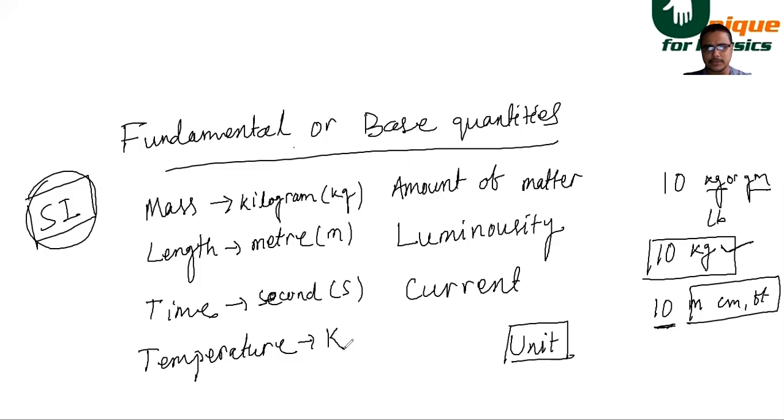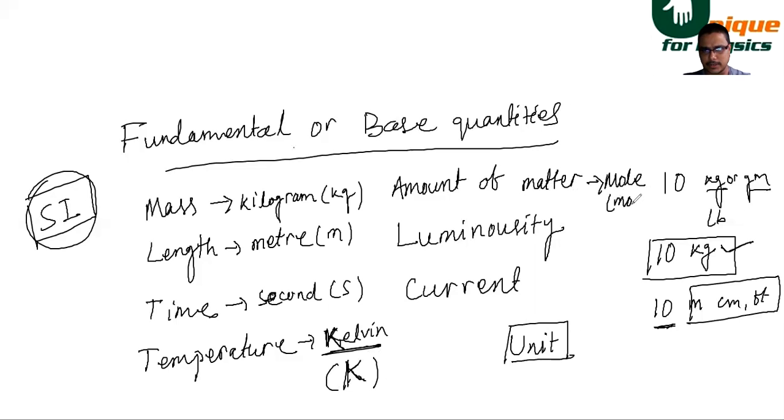There are other units as well, like degree Celsius, Fahrenheit, and so on. But here we are taking Kelvin as the temperature unit. Small k when you are writing the full name of the scientist, and capital K if you are writing the short abbreviation. Amount of matter is written as mole.